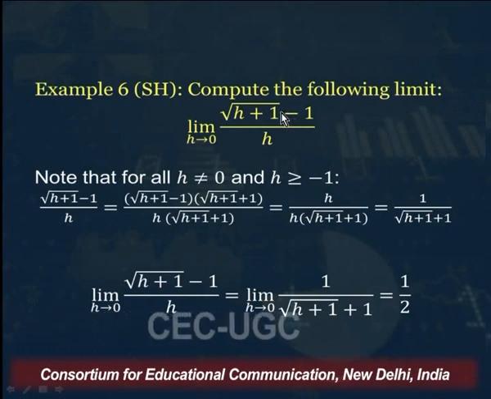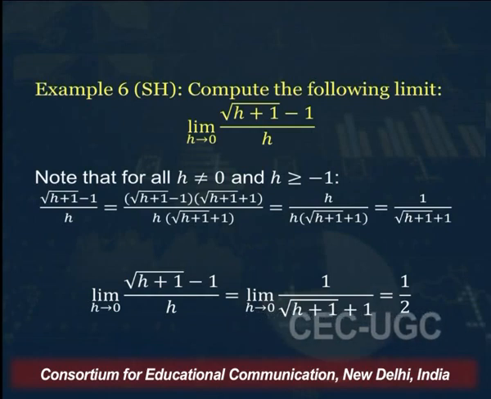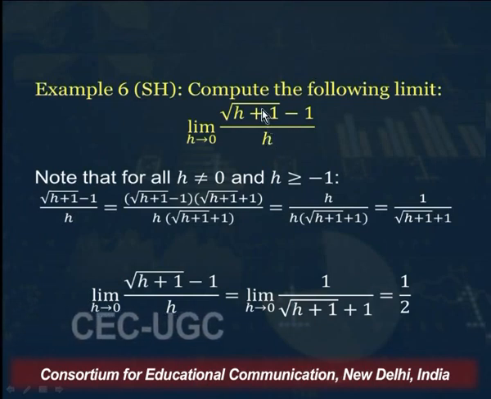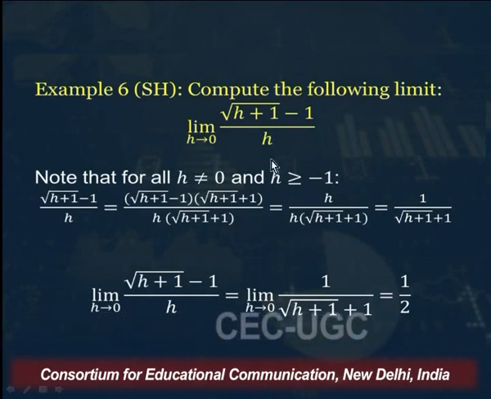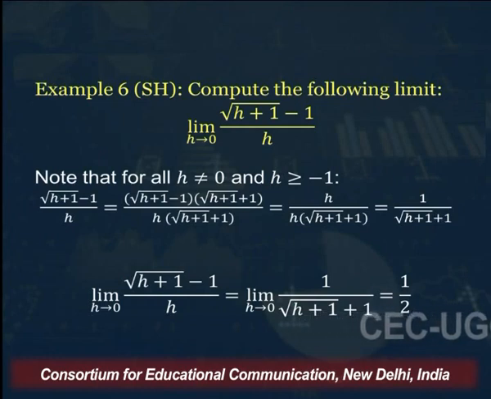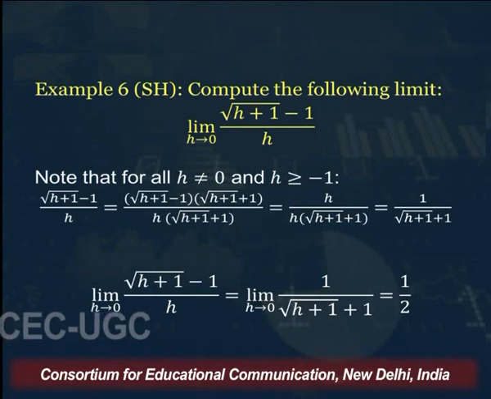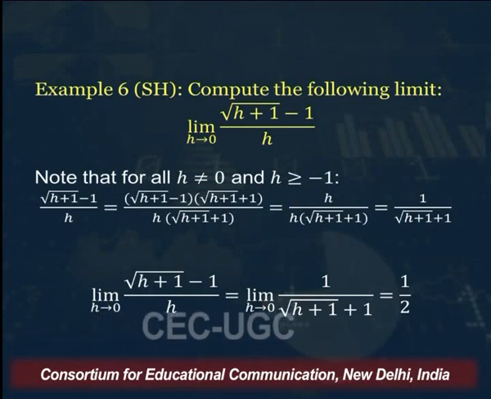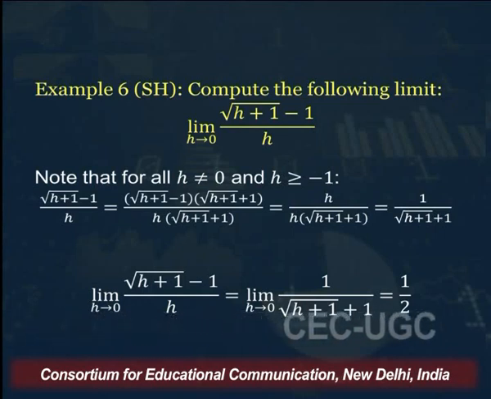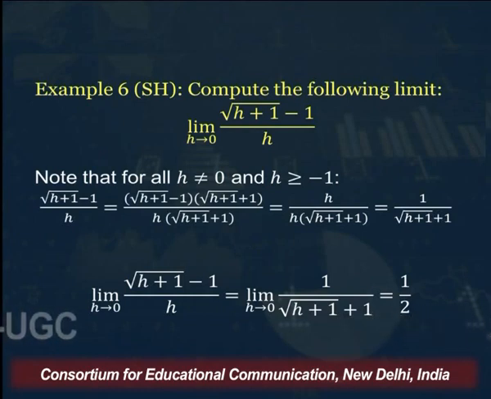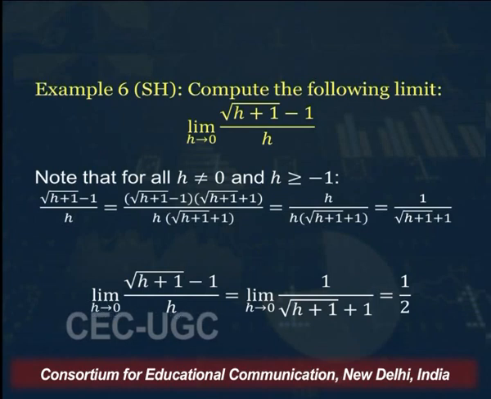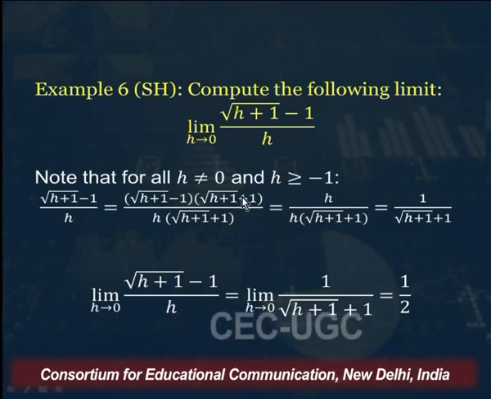And by the way, where we have these 0 by 0 forms, here also you can see that if we put h equal to 0, we'll have a 0 by 0 form in the numerator and denominator. So here also we have an indeterminate form, and we have this rule called L'Hopital's rule, which again we'll do in a later lecture. So there's quite a lot of stuff to do here. This is just an introductory lecture for limits. So just keep watching, and you'll warm up to the whole idea of limits and the calculations.